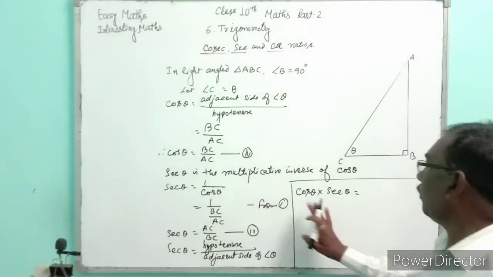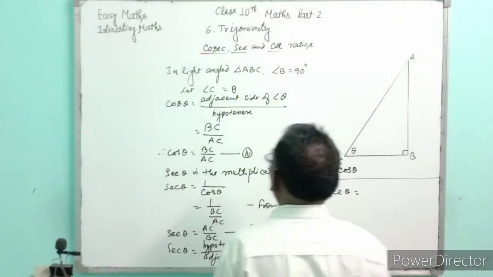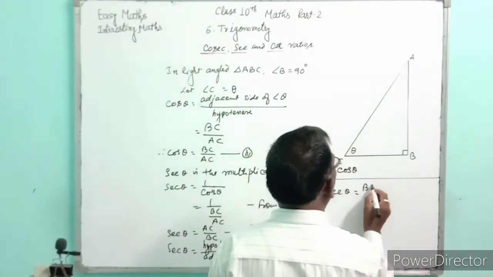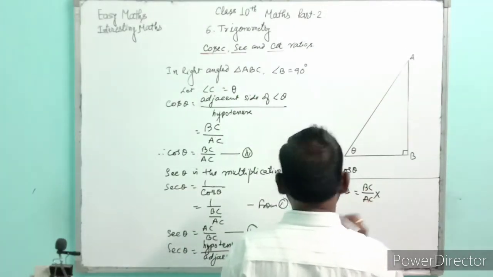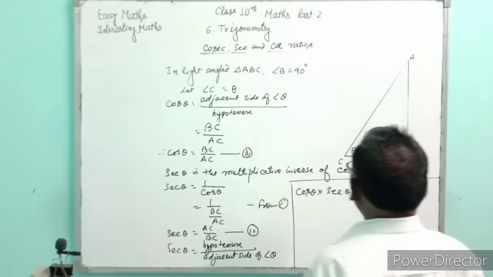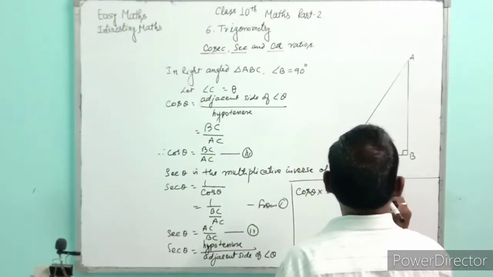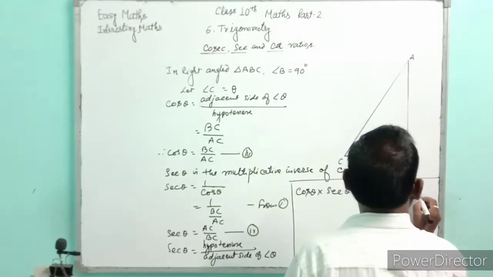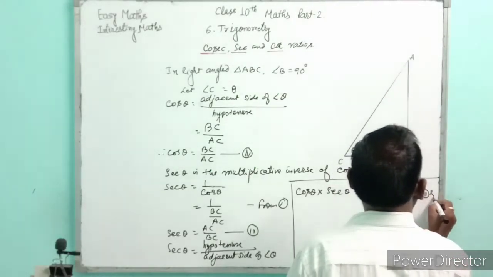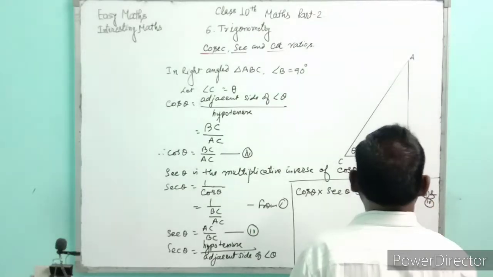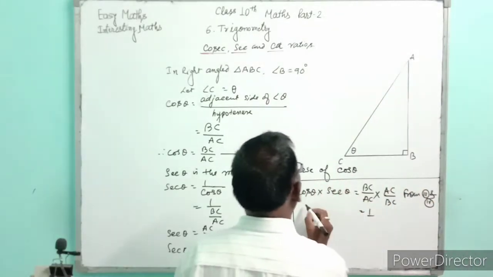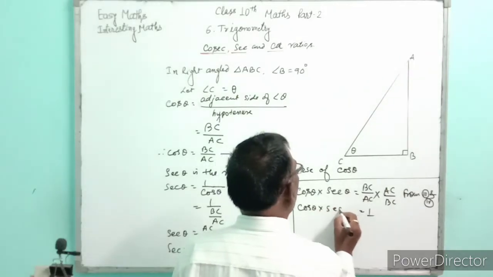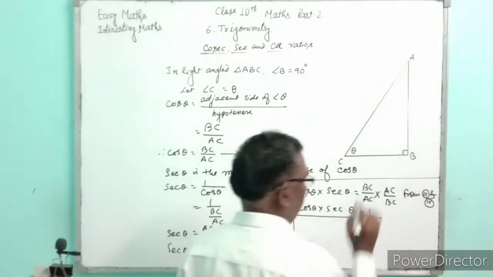We will find the product of cos theta and sec theta. Value of cos theta is equal to BC by AC from 3, into value of sec theta is AC by BC from 4, which is equal to 1. Therefore, cos theta into sec theta is equal to 1.